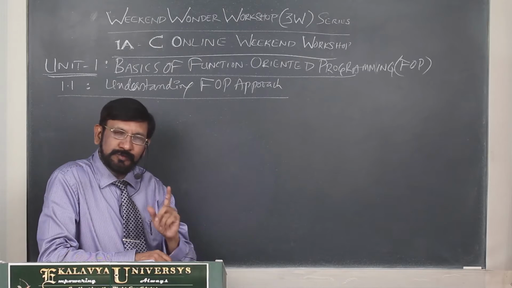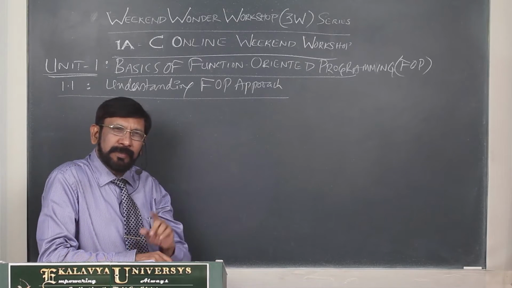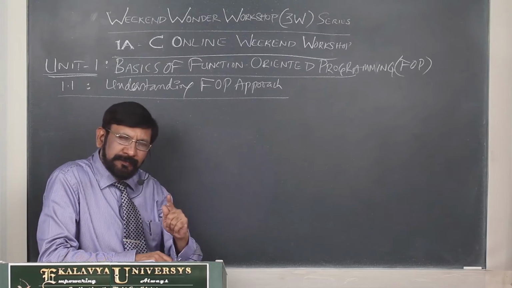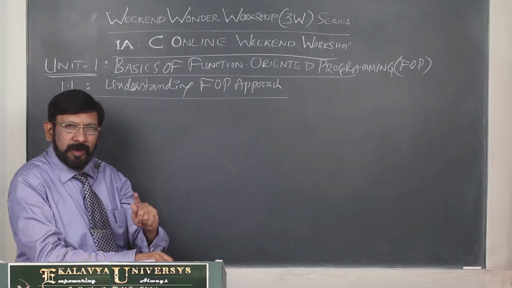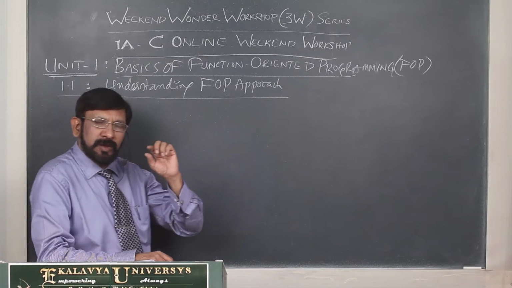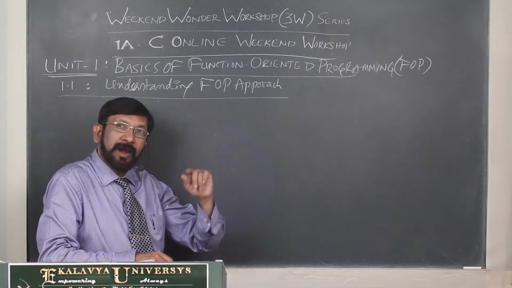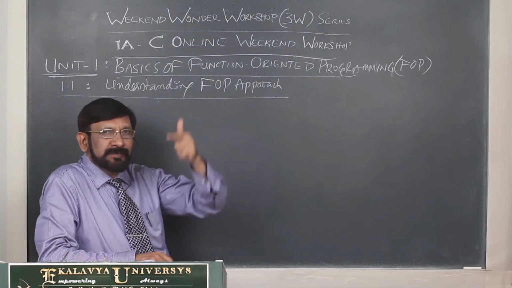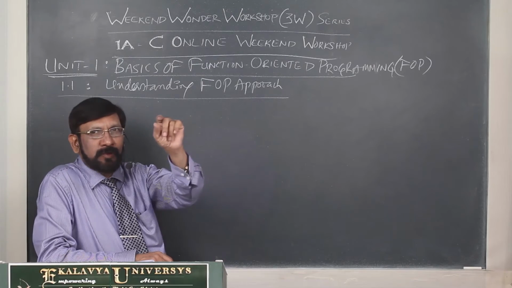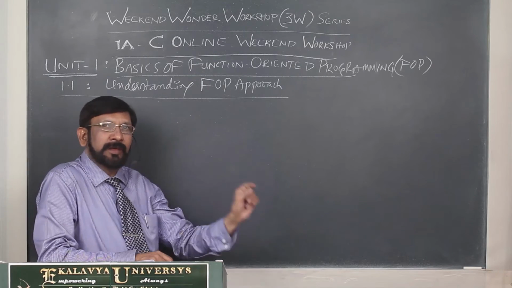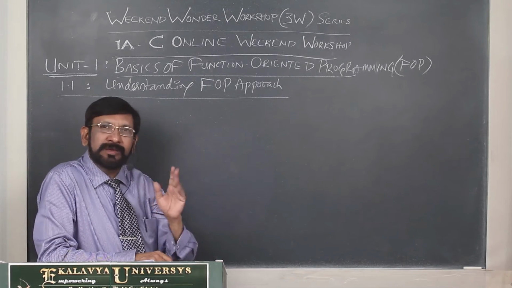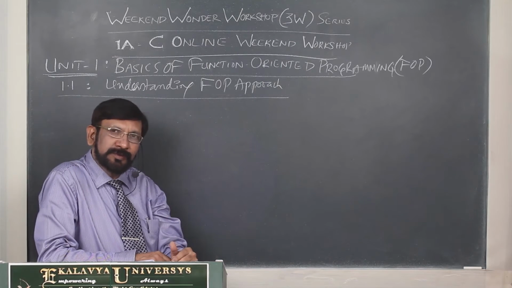That point always you remember, and for each and every identifiable job, however small it is, you have to define a separate function, and you have to give it a self-explanatory name. Calculate total marks, calculate average marks, print marks report, like that. Self-explanatory names you have to give.